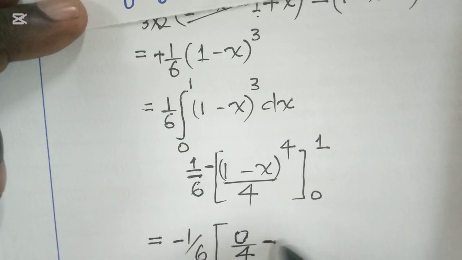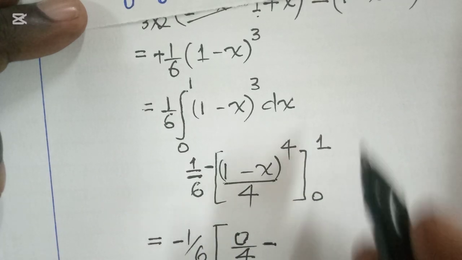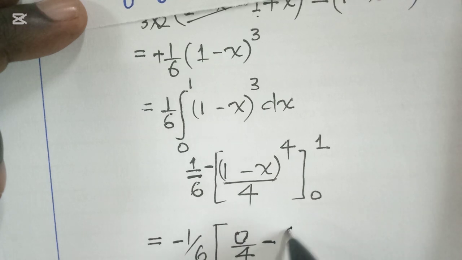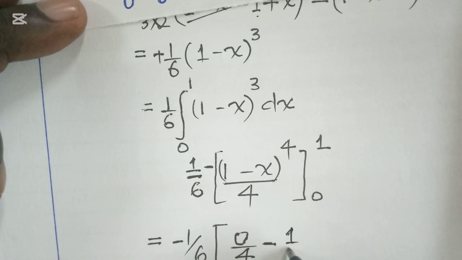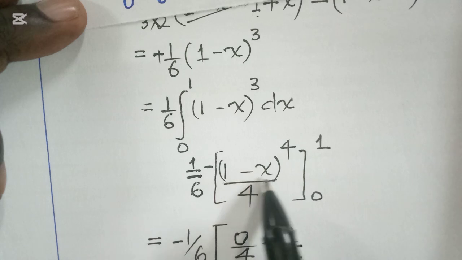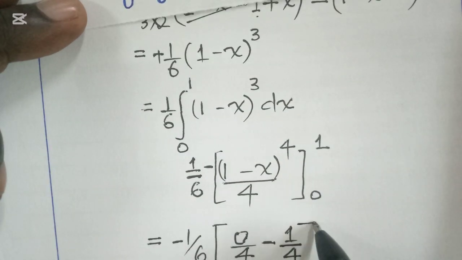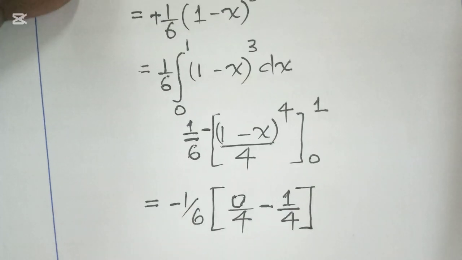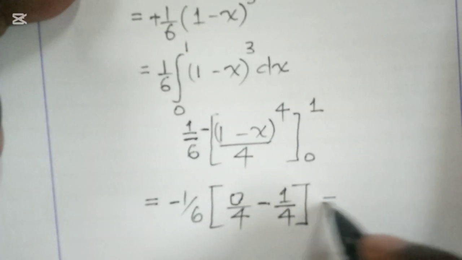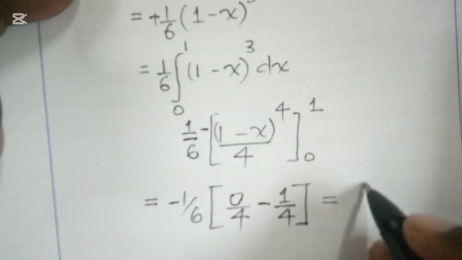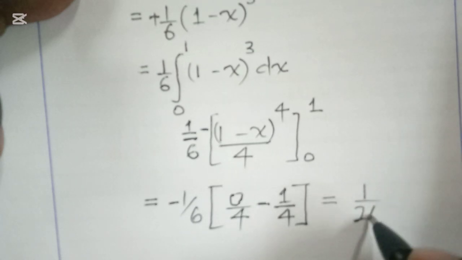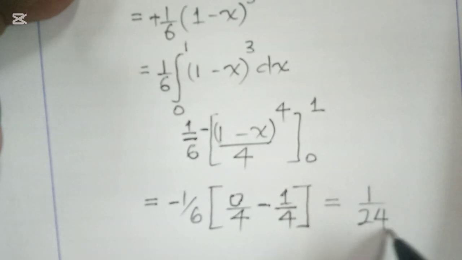Minus, now we put 0, you are going to have minus 1 raised to 4 all over 4. Of course, the 4 is not raised, it's only the 1 minus x. And so finally, guys, we are going to have 1 all over 24 as our solution.